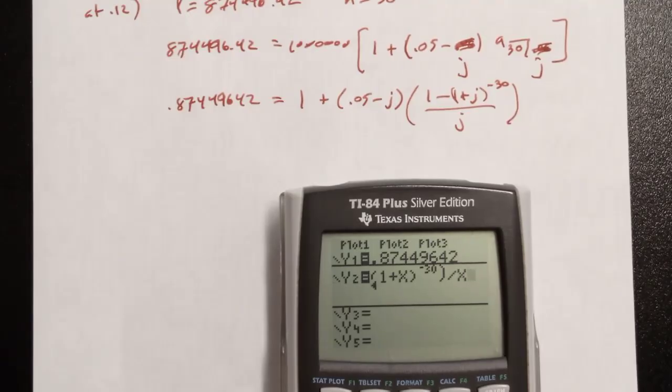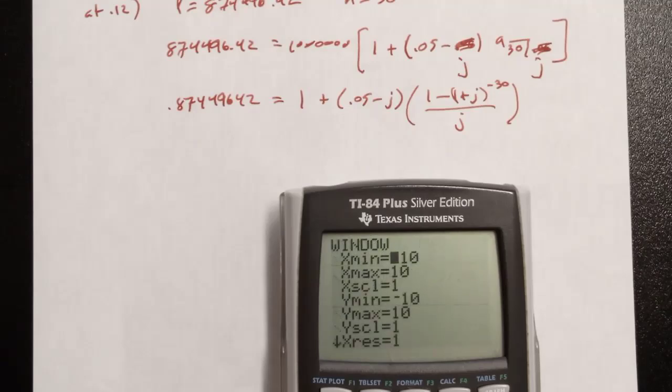Now, this is going to give me a yield rate, right? Yield rate should be in the decimals. I really don't need to look at giant yield rates up near 100%. So I'm actually going to set my window to be really small. My window is only going to go from 0 to 0.25. And my y values are all between 0 and 1 because I divided out the million.